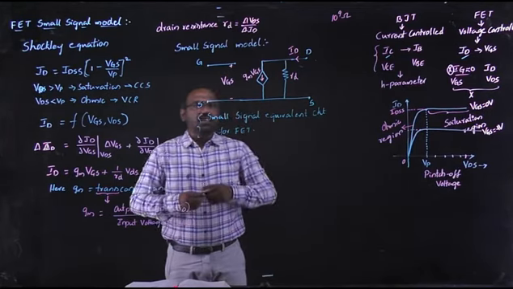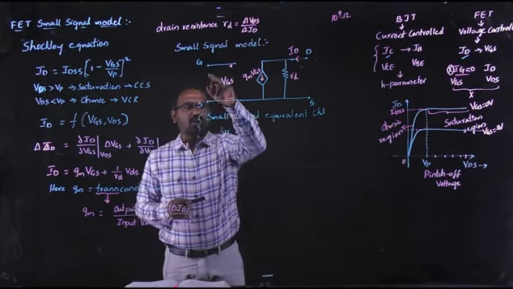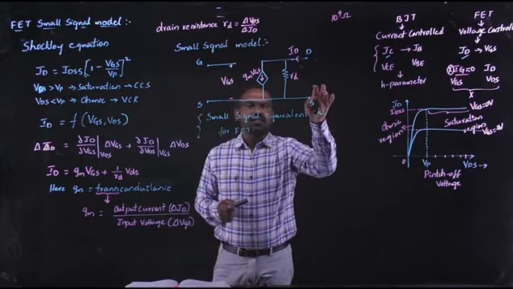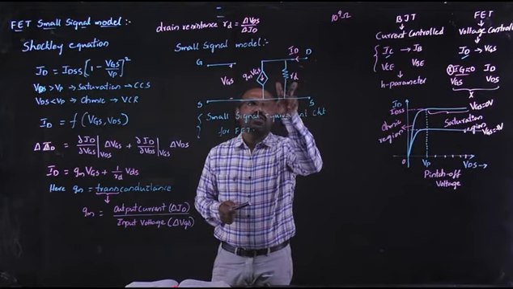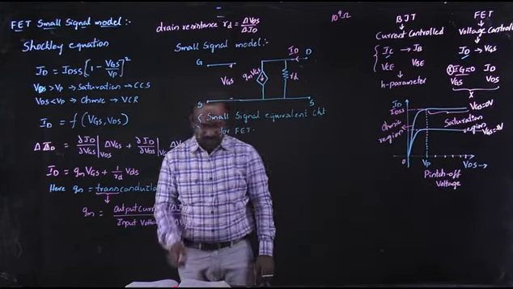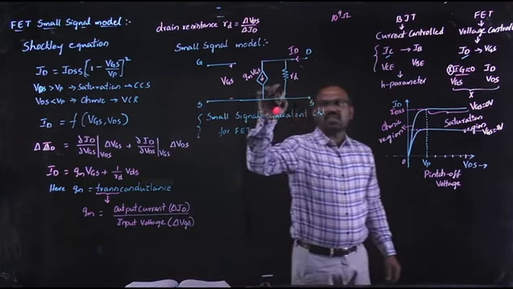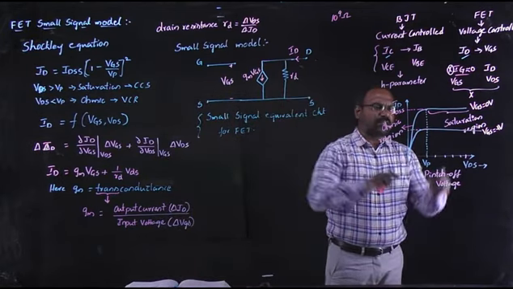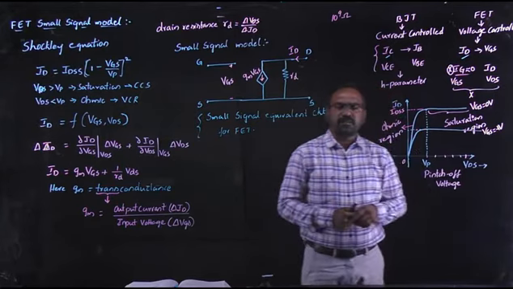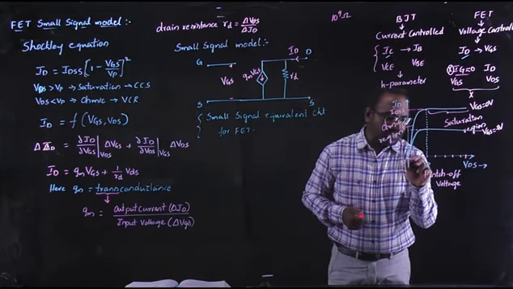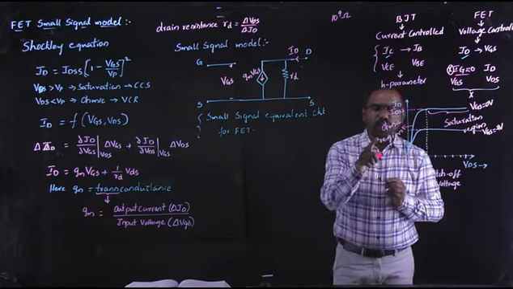At the input side, between gate and source, we have an open circuit, and between drain and source we have a constant current source and a drain resistance. Why we have this current source and drain resistance can also be explained from these characteristics. Between 0 and the pinch-off voltage I have the ohmic region.